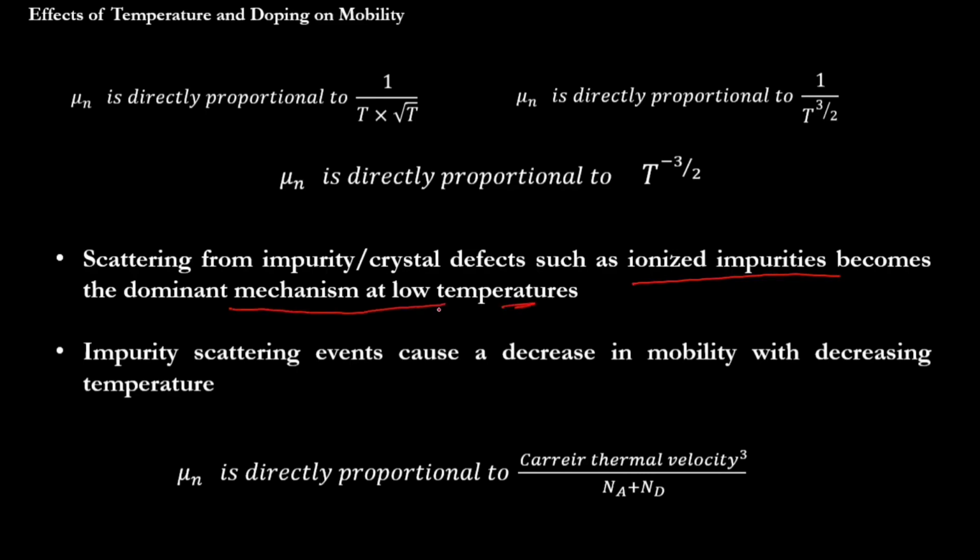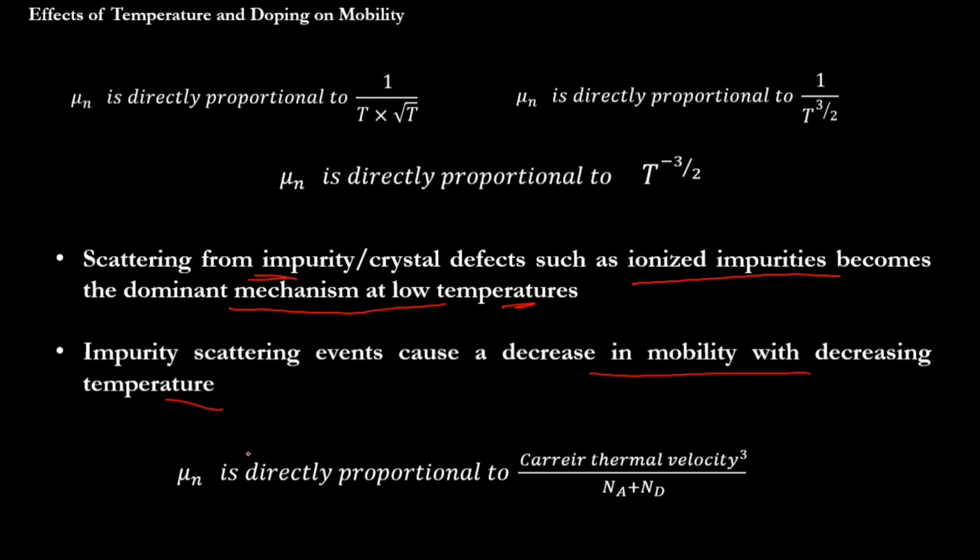At low temperature, impurity scattering is dominant. At high temperature, lattice scattering is dominant. Impurity scattering events cause a decrease in mobility with the decrease in temperature. At high temperature the mobility is reduced because of lattice scattering, but at low temperature the mobility is reduced because of impurity scattering.